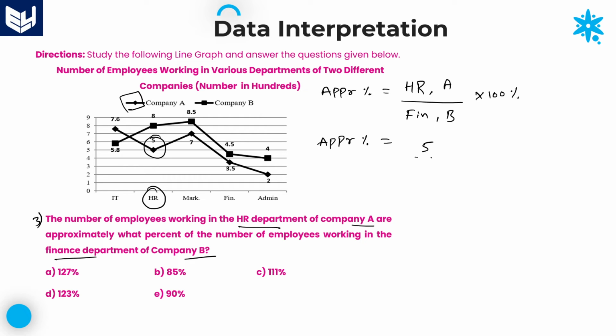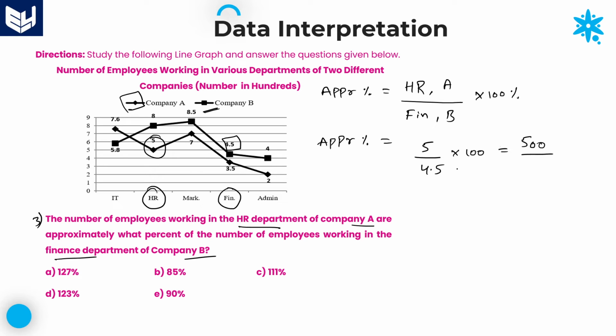So the numerator value is 5. Whereas coming to the denominator, finance department company B. Company B is the square shape line, that is equal to 4.5. Into 100 is a common point.